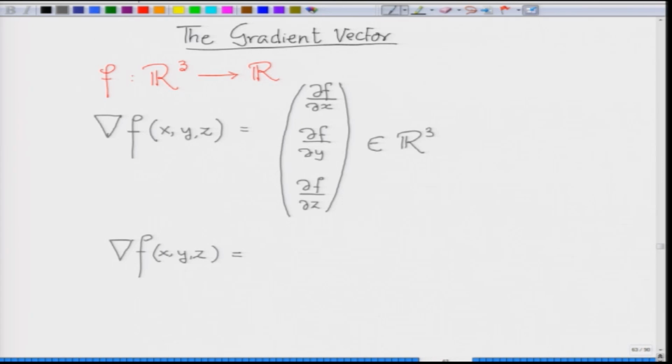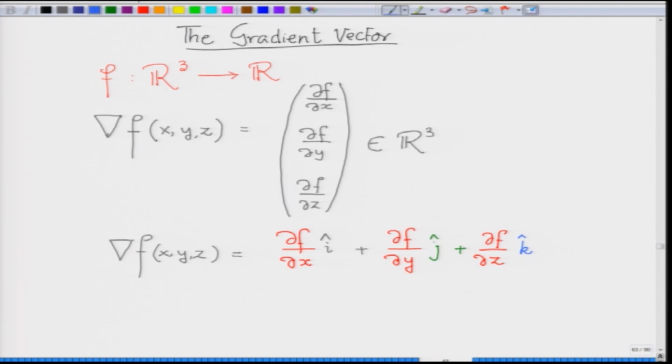The physicists would like it to be written as follows: del f del x i vector plus del f del y j vector plus del f del z k vector. So, physicists would possibly expect a writing like this.